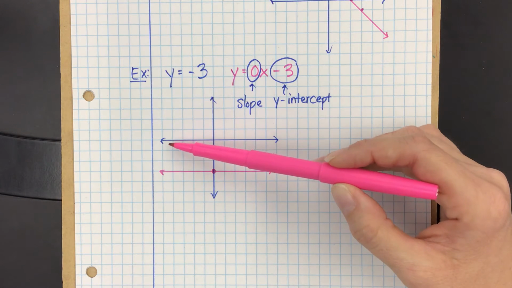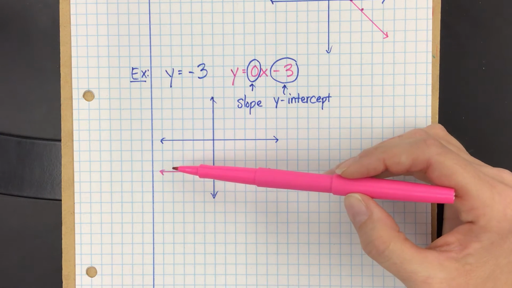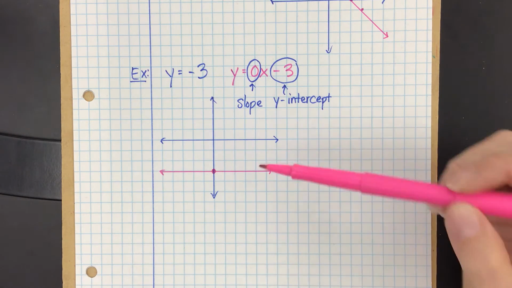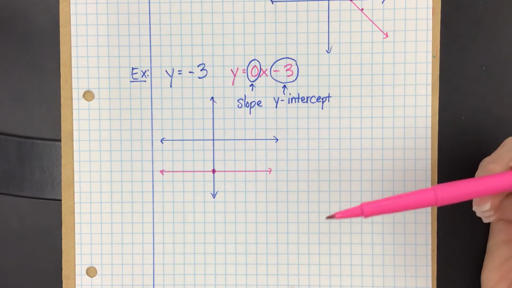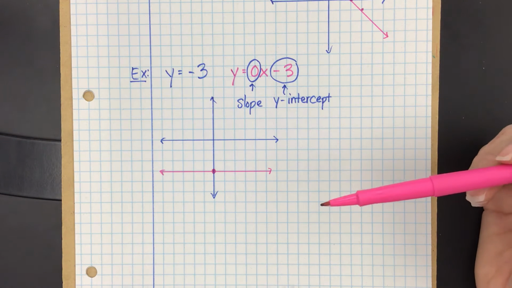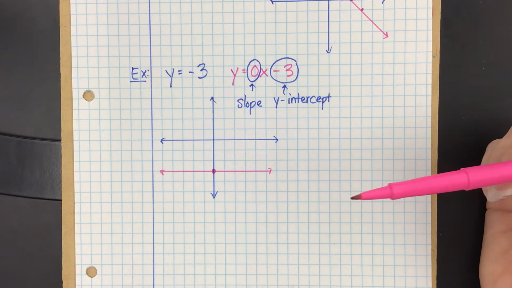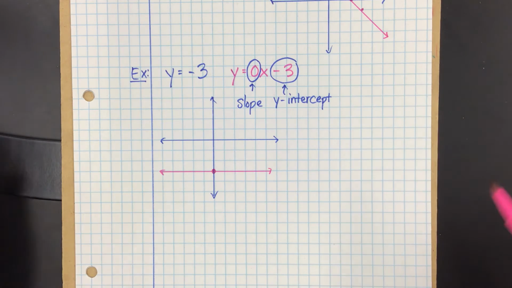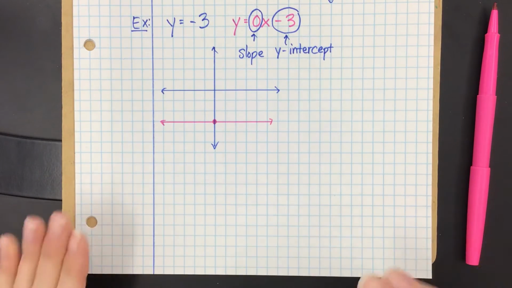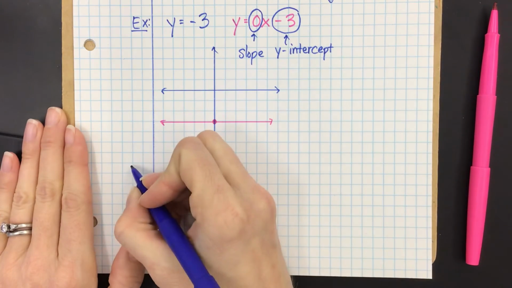When x is -4, y will be -3. For every single x value, y will always be -3, which is one of the reasons why it is a horizontal line like that. Okay, does that make sense? Yeah? Okay. Now I'm sure you might be able to guess where I'm going next here, but let's look at another special equation.